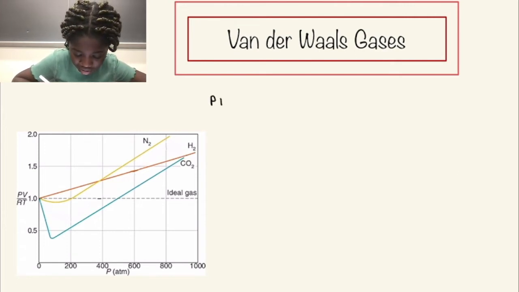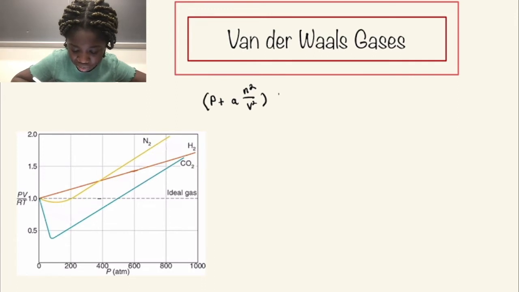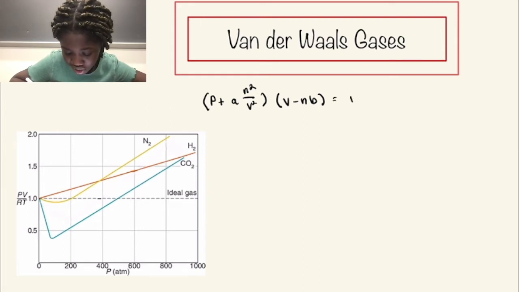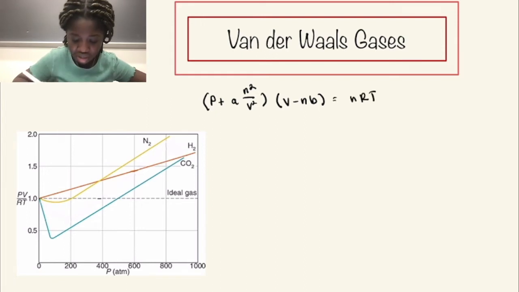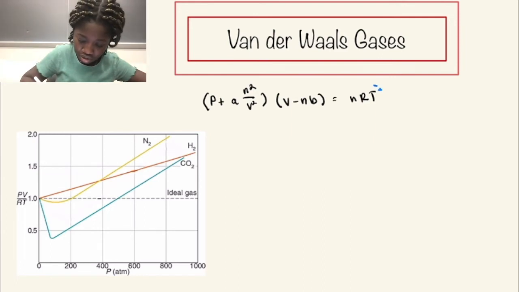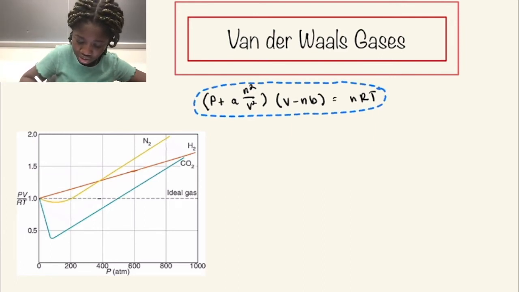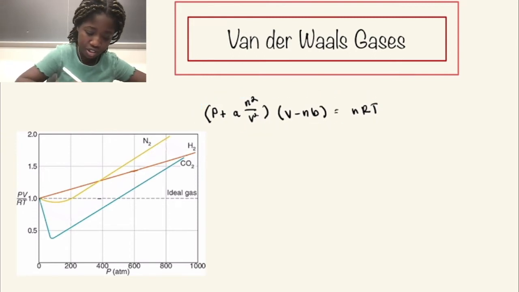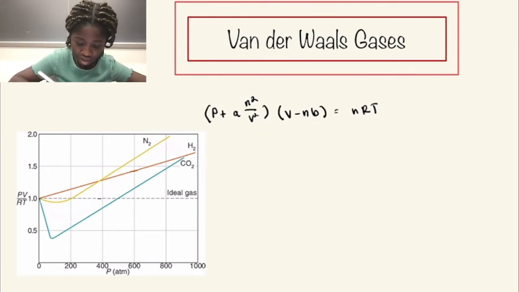P plus a n squared over V squared, multiplied by V minus nb is equal to nRT. Now, there are 2 relatively new constants in this equation, the a constant and the b constant.